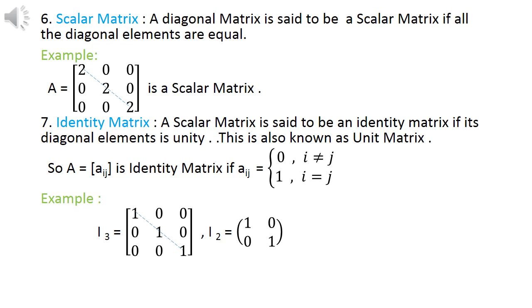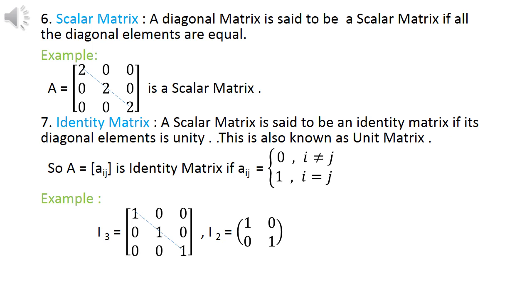Seventh one is identity matrix, which is an important one. A scalar matrix is said to be an identity matrix if its diagonal element is unity. In a scalar matrix, we know that diagonal elements are equal. In an identity matrix, diagonal elements are unity, meaning 1.